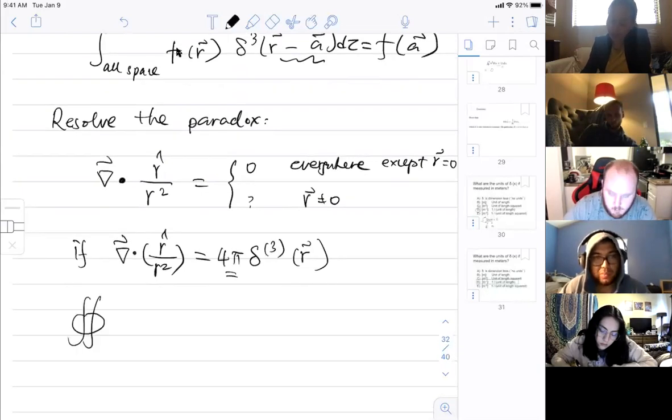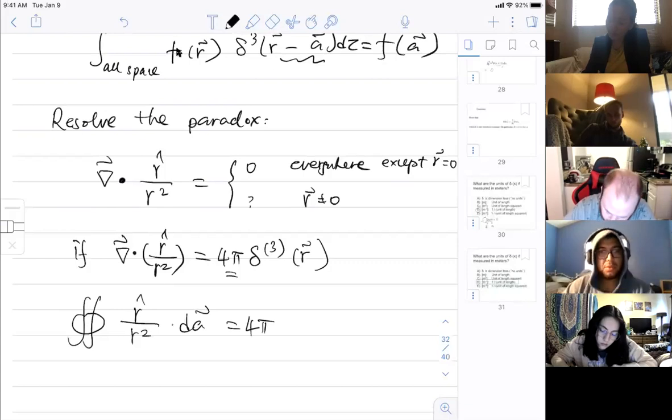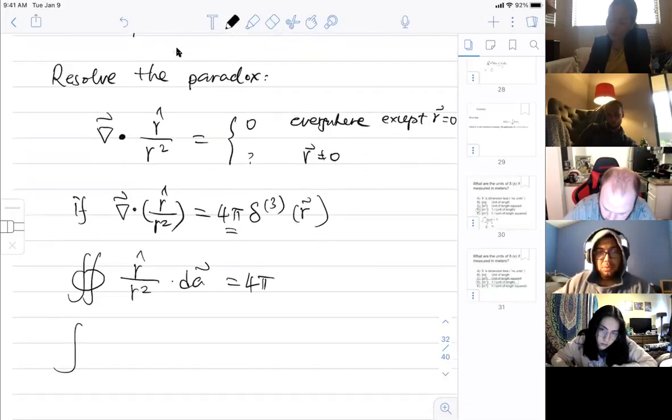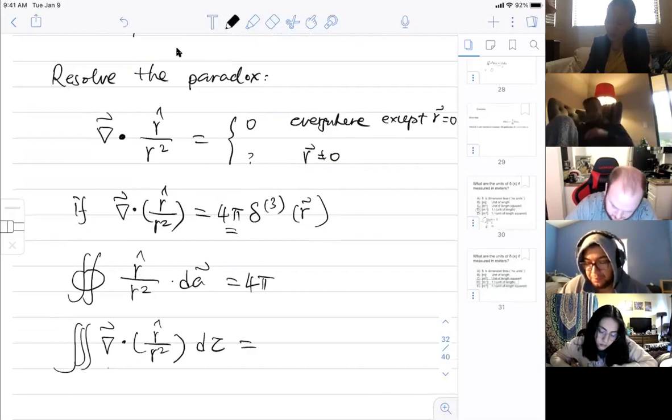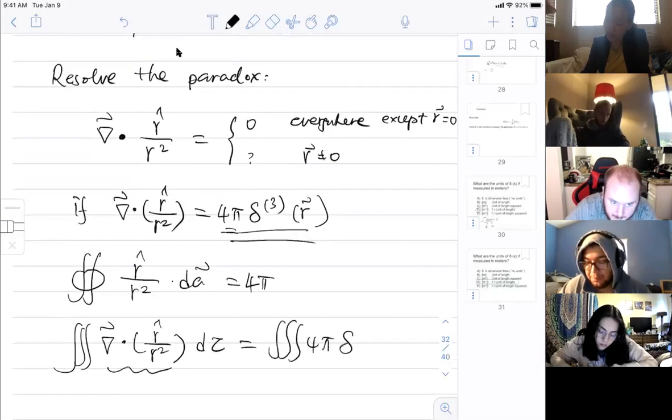Because now, if you integrate over all space, that's what we did earlier, we get 4 pi. And the divergence theorem says it should give me the same result if I do the divergence of something over all space with a volume. So here, I wrote it in terms of the delta function. You get the integration of a delta function over all space, and that is 1, right?